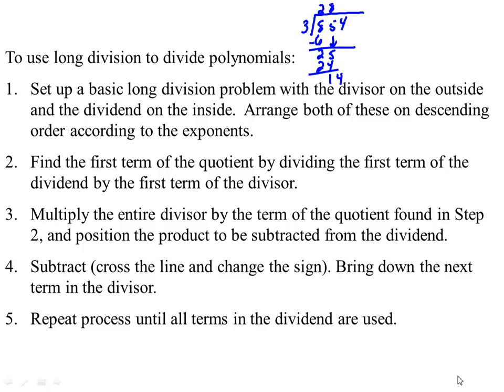And we're going to take that into algebra. Okay? We're going to take that into algebra. So what you're going to do is set up a basic long division problem, and then you're going to divide the first term of the quotient, which is 1 on the outside, by the first term of your dividend, which is 1 on the inside. And that's exactly what we did, 3 into 8. Now you're going to multiply.